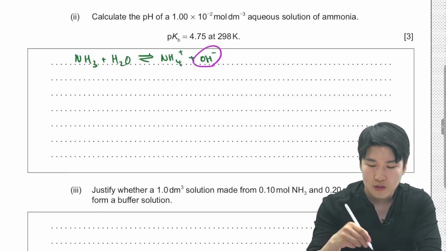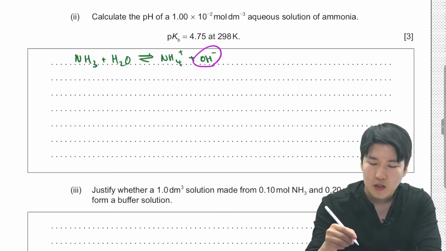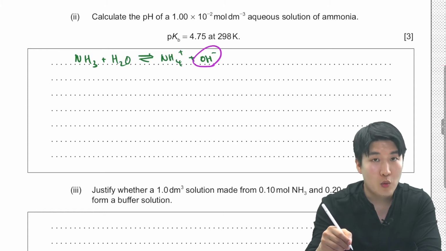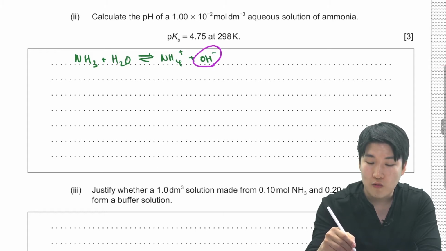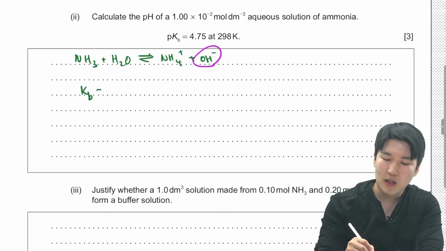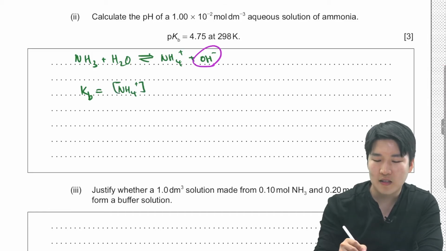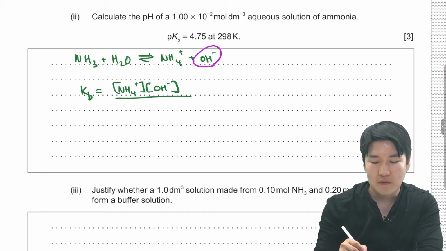With this basic reaction equation of ammonia written out, we can write the Kb expression as what? Kb equals the NH4 plus conjugate acid concentration multiplied by the OH minus concentration divided by the ammonia concentration.